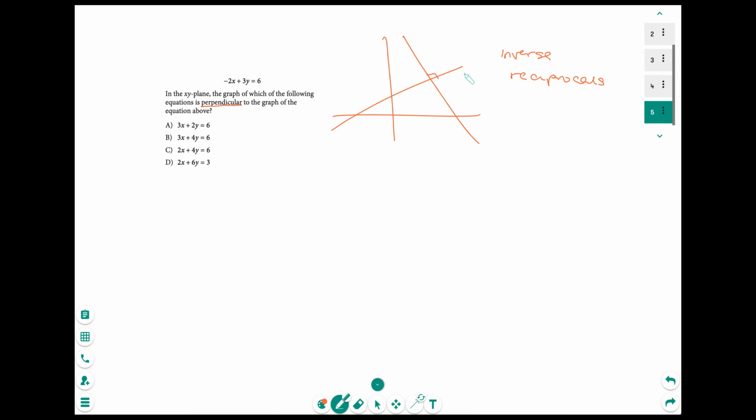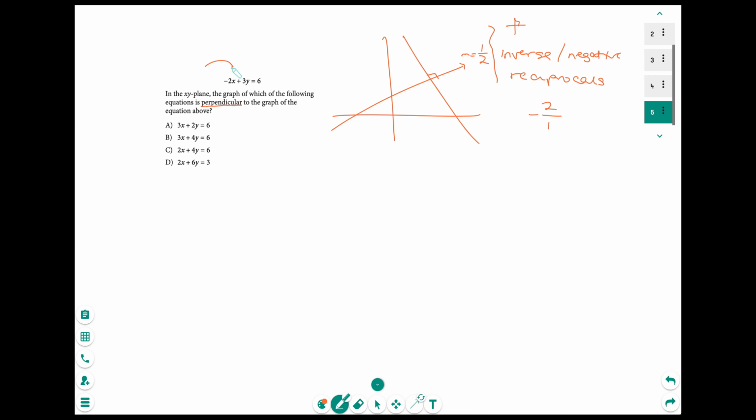What that means is if this gradient right here, let's just say, is m equals positive a half, then the perpendicular gradient is going to be the negative reciprocal. That means we're going to have to put on a negative sign and then reciprocate. So what was positive 1 over 2 now becomes negative 2 over 1.